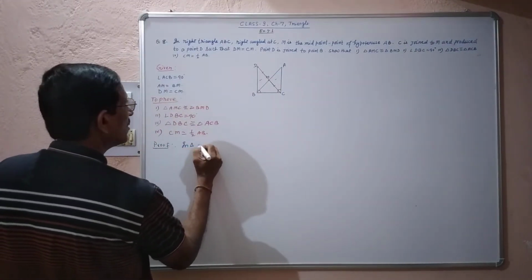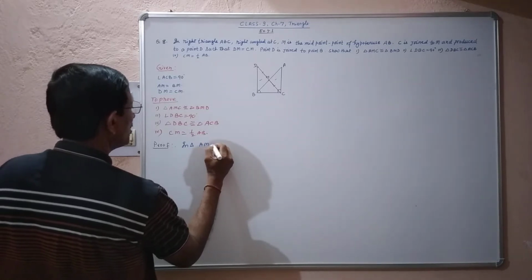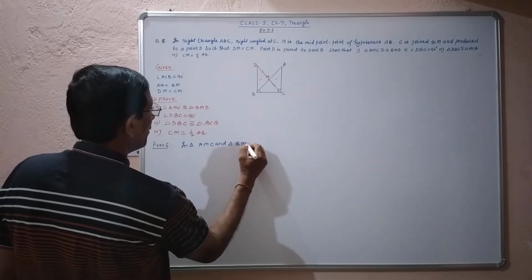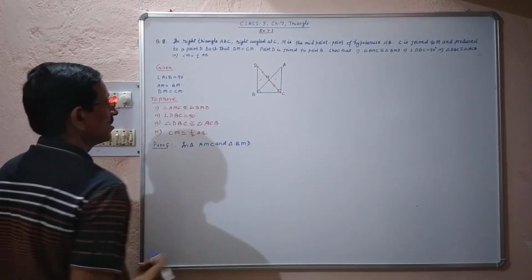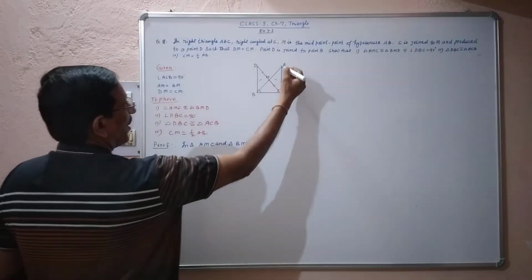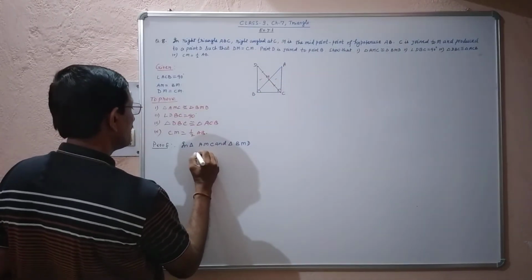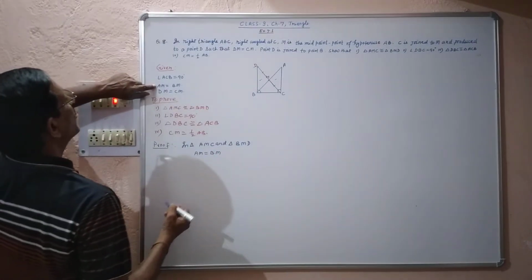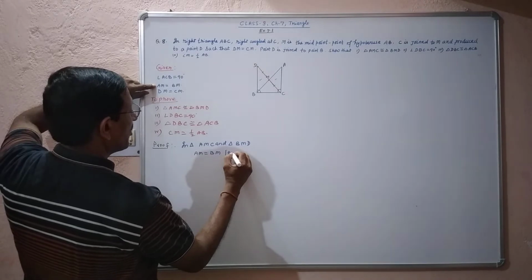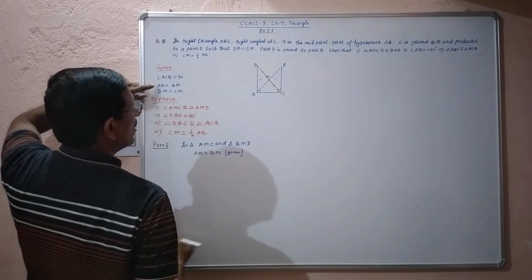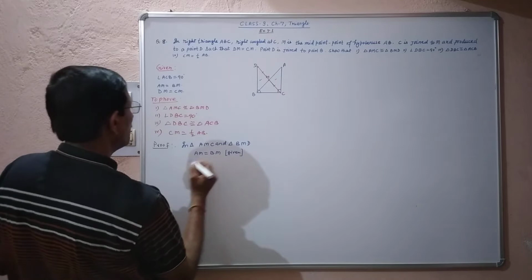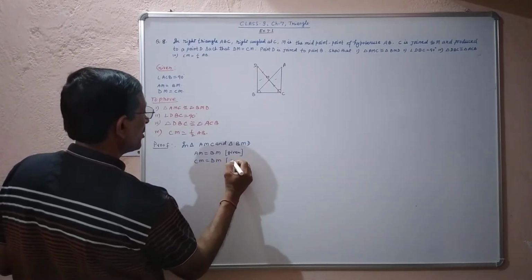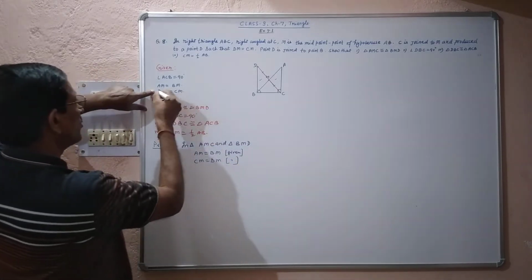In triangles AMC and BMD, AM is equal to BM, it is given. Now CM is equal to DM, it is also given.